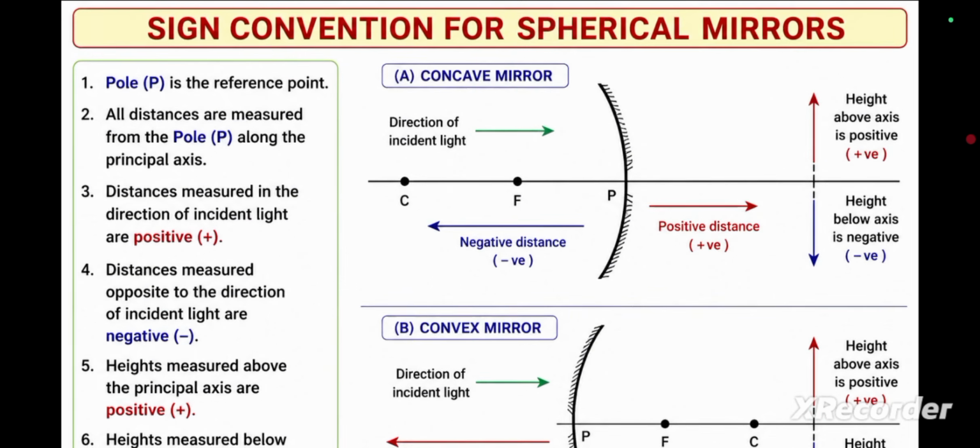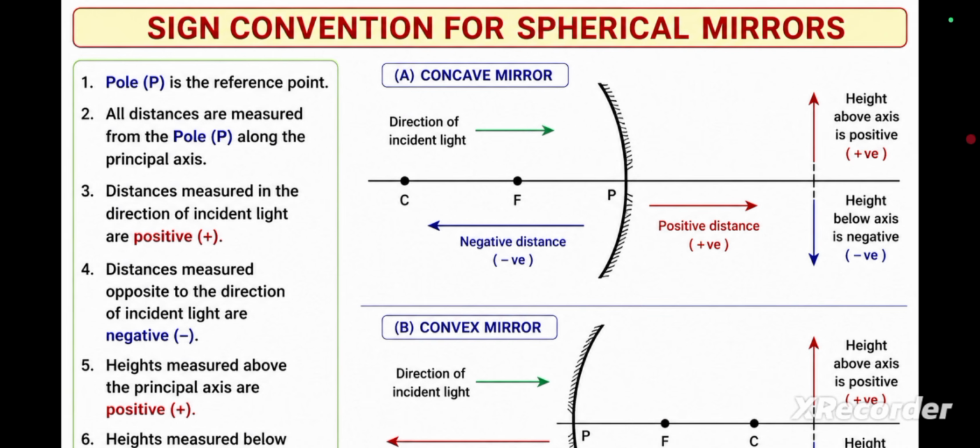Here we have to look at the picture. A. Concave mirror. In a concave mirror, the direction of incident light is positive. That is indicated by the green arrow. And the distances measured opposite to the direction of incident light are negative.